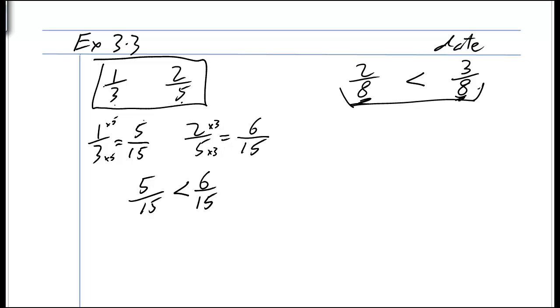We converted 1/3 into that one. We converted 2/5 into that. So therefore we can write the final answer, 1/3 is less than 2/5. So if you're comparing fractions, you want to find out which is the biggest, which is the smallest, then you just simply get the same denominator. Okay?